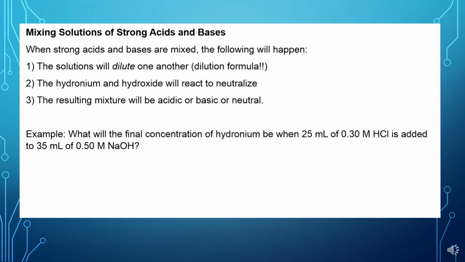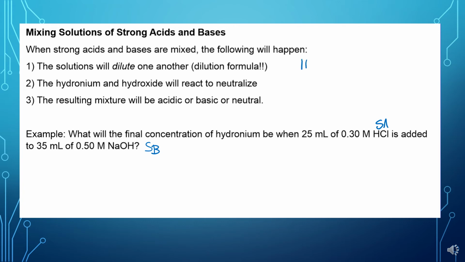So if we take a look at what's happening here, it says, what is the final concentration of hydronium when 25 milliliters of hydrochloric acid, 0.3 molar, is added to 35 milliliters of 0.5 molar sodium hydroxide? So here I've got a strong acid, I've got a strong base. So I'm going to have that neutralization taking place.